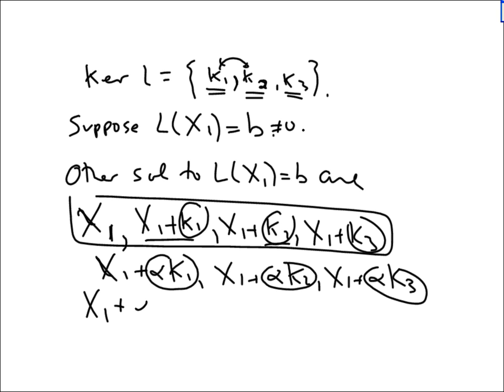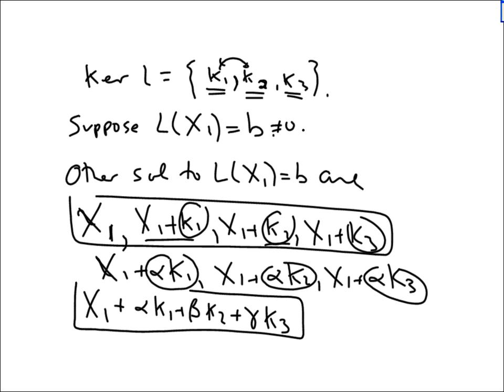X1 plus a multiple of k1 plus a multiple of k2 plus a multiple of k3, where alpha, beta, and gamma can be any real number. In fact, it looks to me like that's it. That's the solutions to L of y equals b.